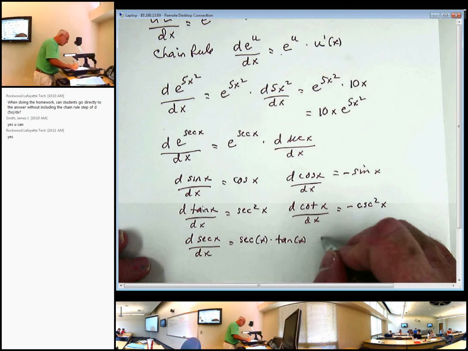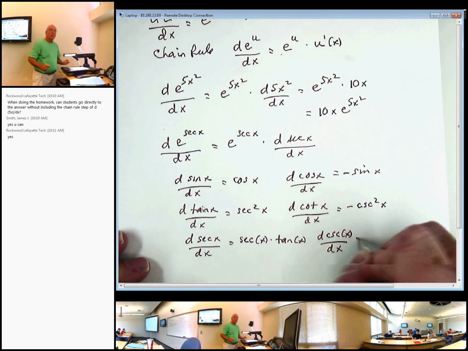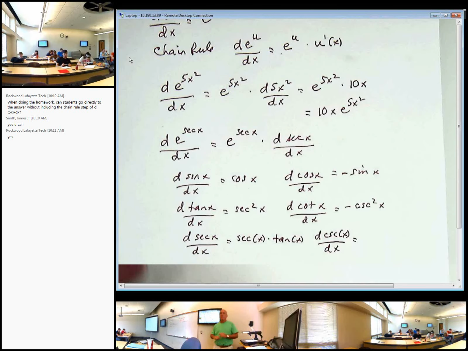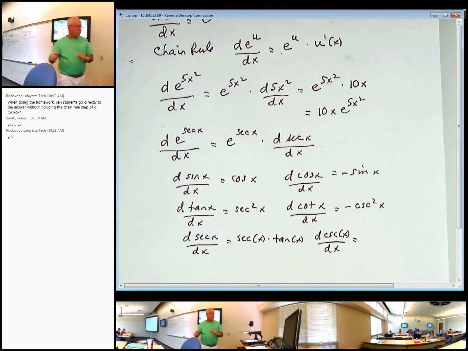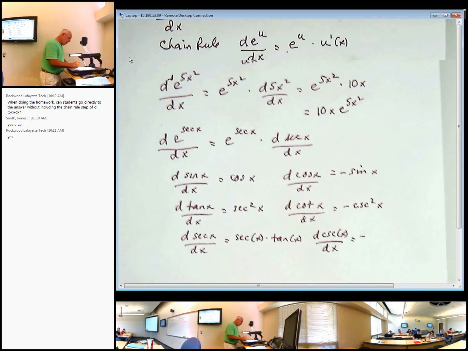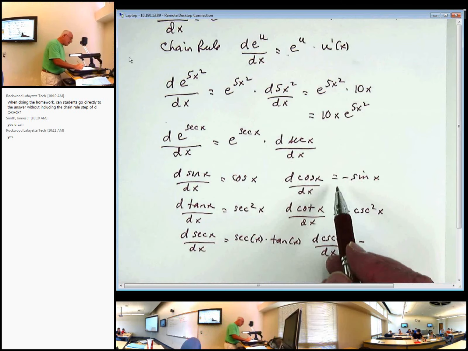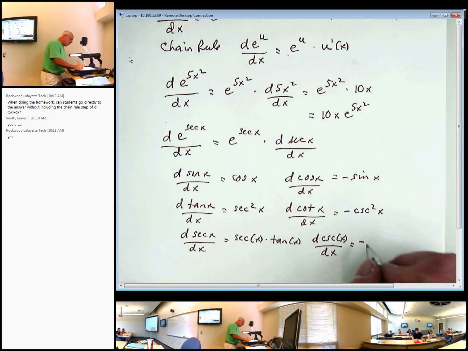Derivative of the cosecant of x. Right? It has a negative to it. Very good. It's got a negative. Just like the cosine has a negative with it with the sine, but it's negative cosecant of x times the cotangent of x. All right.